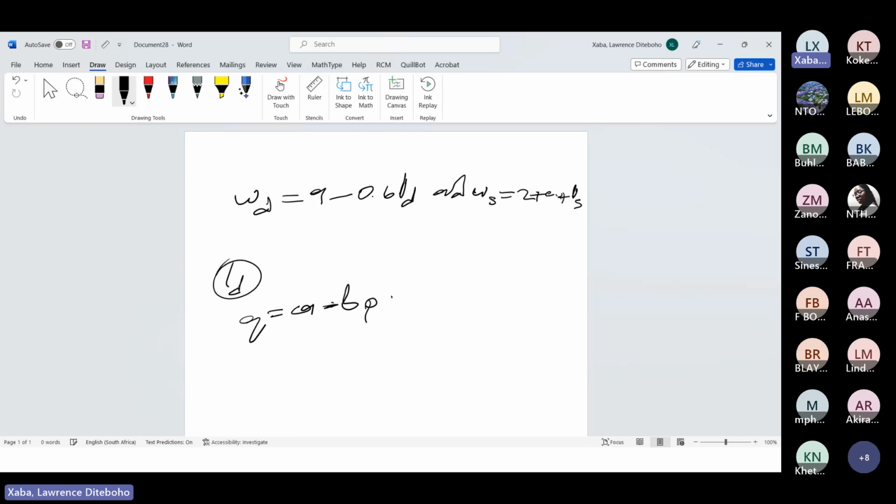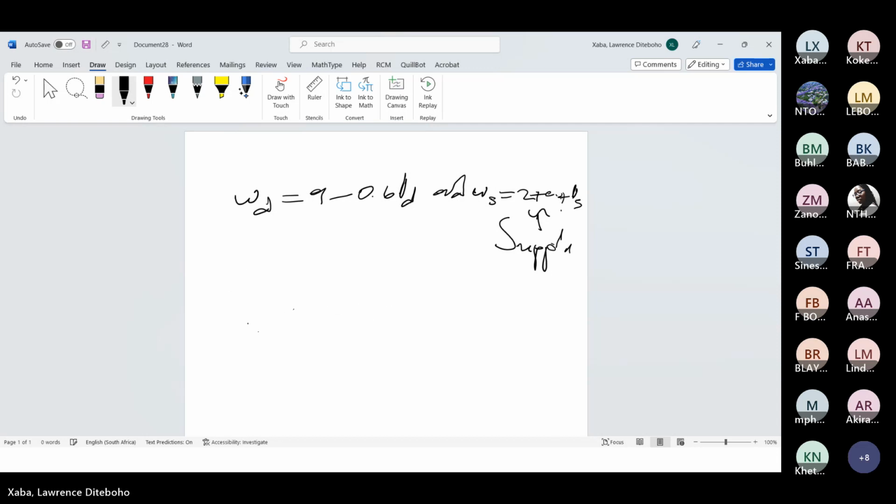This side is demand, and you also have supply here. So we have to do the transformation. When we transform, we end up having L subscript D equals.